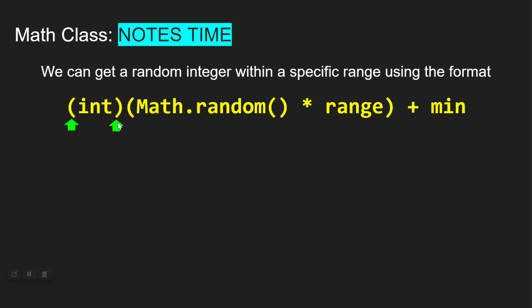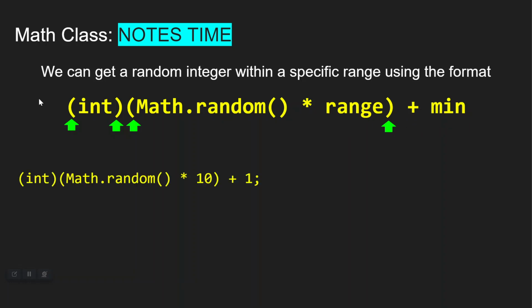And that's because math.random returns a double, and if you want a whole number, then you just cast it to an integer, and that'll take care of that for you. The next thing that we need is, within the next set of parentheses, we need math.random. We also need a set of parentheses right here after random, because we're calling a method.